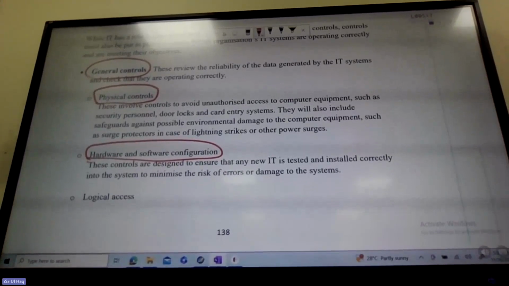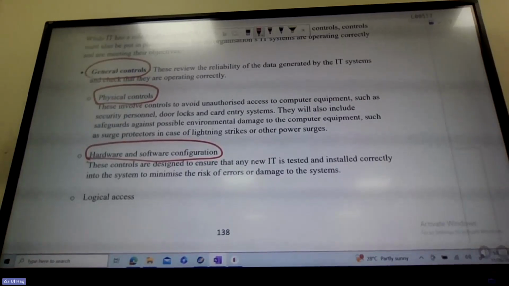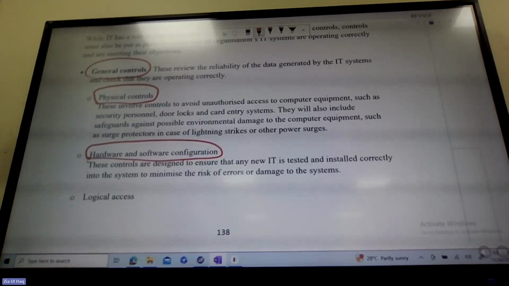Through testing, you can identify whether the system is working properly or not, so that you can avoid future problems. So while configuring new hardware and software, staff should be trained and the system should be tested to identify and rectify any problems before implementation.